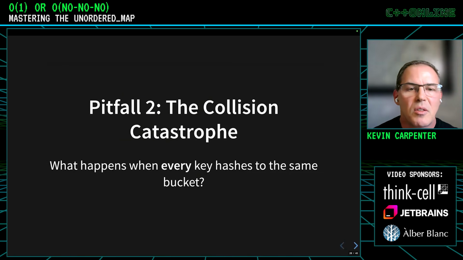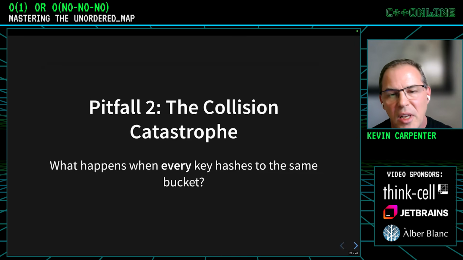So we'll look at the next pitfall, which is going to be the collision catastrophe. And this kind of follows along with where we were just talking about creating a good hash, right? By creating a good hash, the goal is to avoid this particular pitfall. And so what happens when every key hashes to the same bucket?